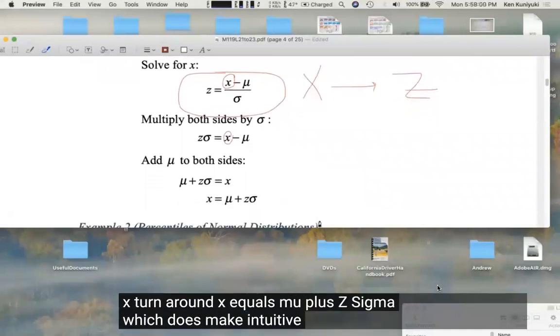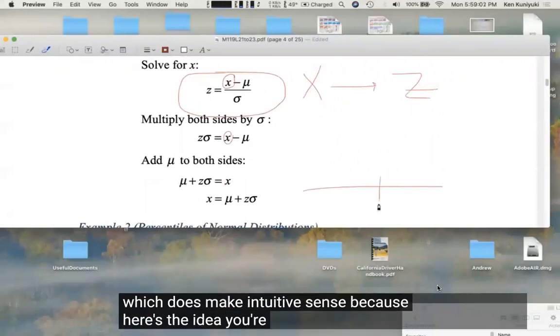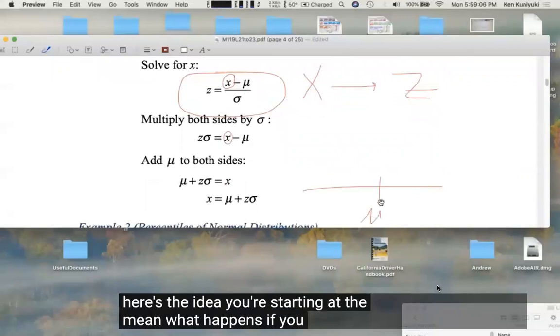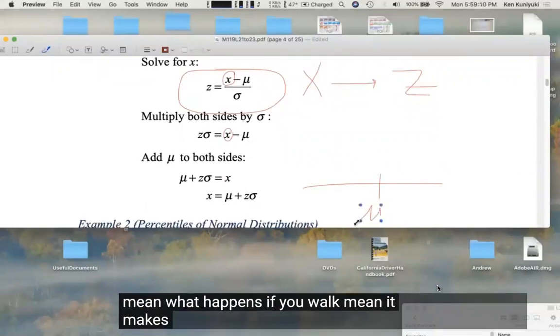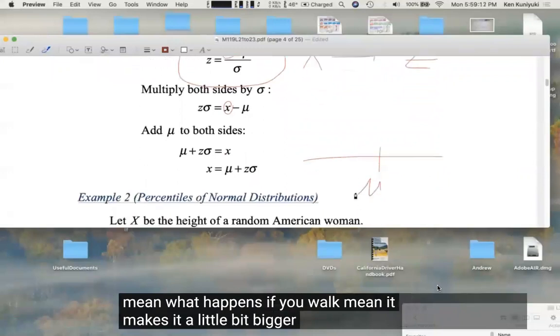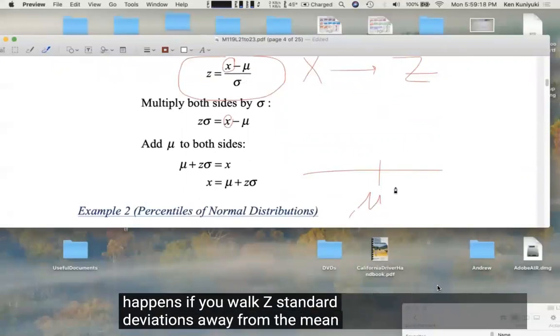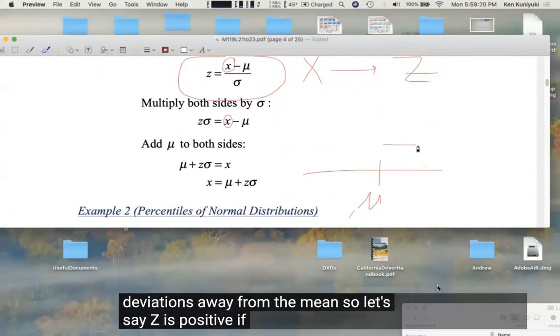Which does make intuitive sense because here's the idea. You're starting at the mean. Make the tail a little bit bigger. Okay. What happens if you walk z standard deviations away from the mean? So let's say z is positive.